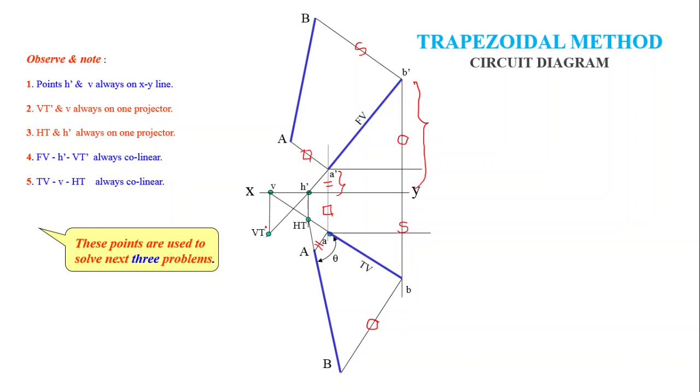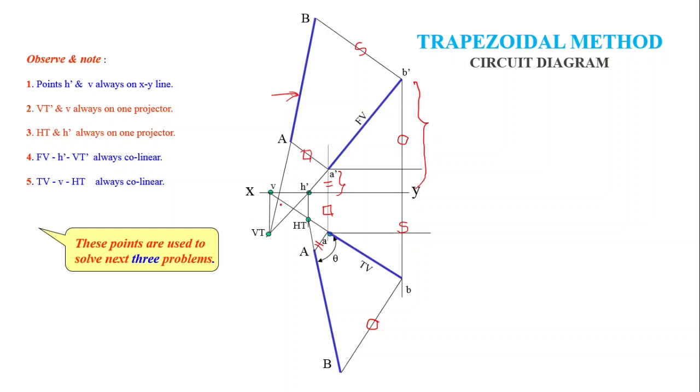And actually, this vertical trace is the meeting point of true length and front view. By extending this particular true length, it must pass through VT.